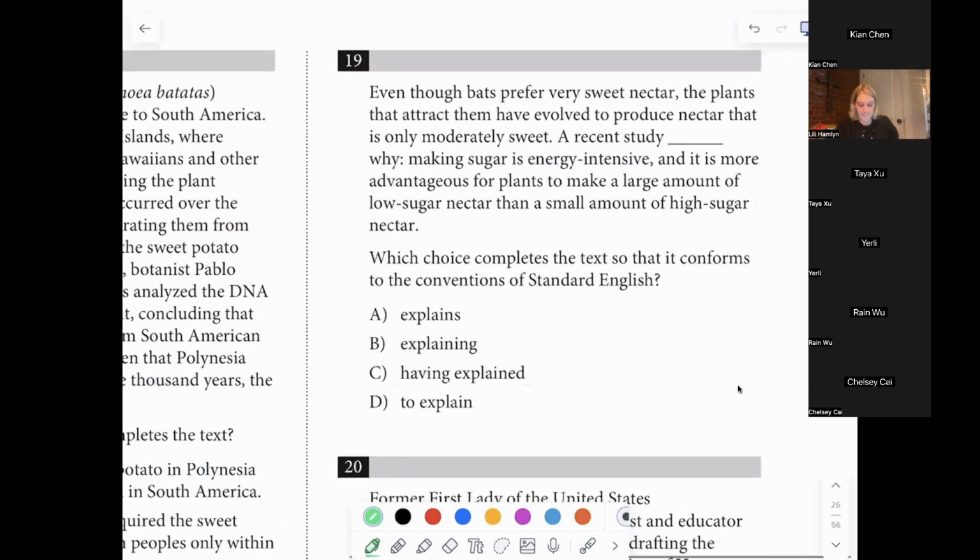All right, number 19. What did everyone get? Yep, perfect. This one also, the tense is correct, and it also makes it an independent clause before the colon, which we want. Great.